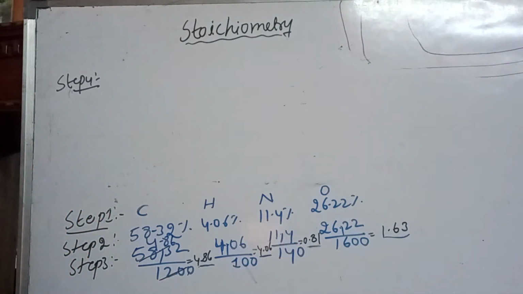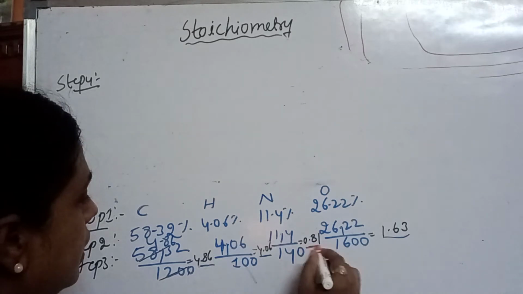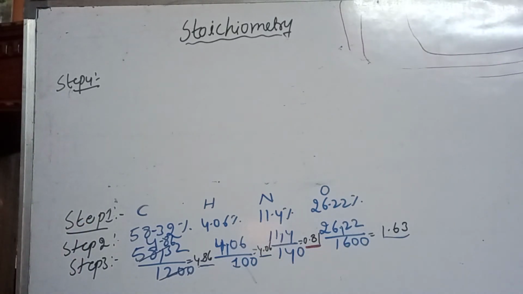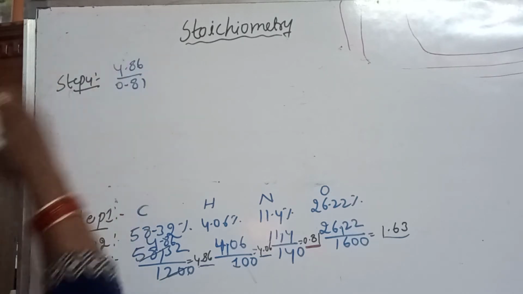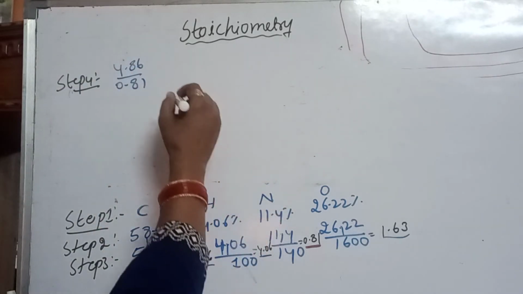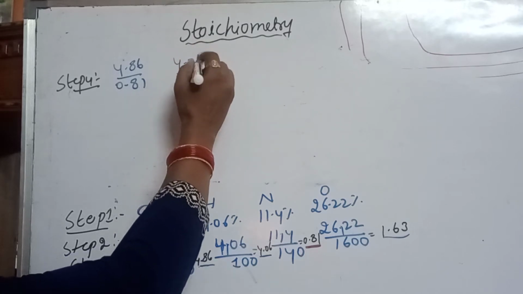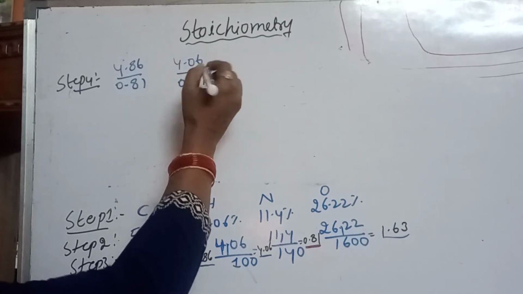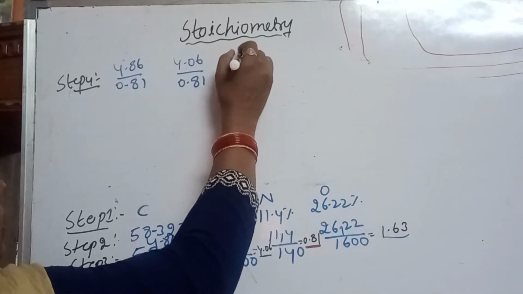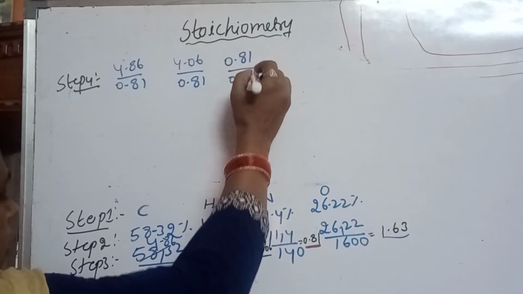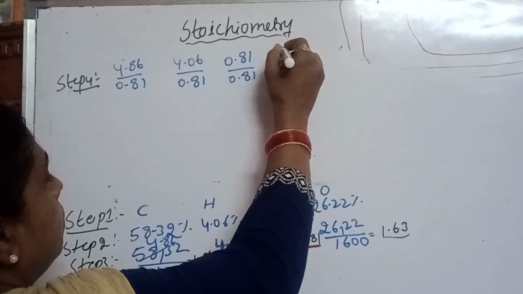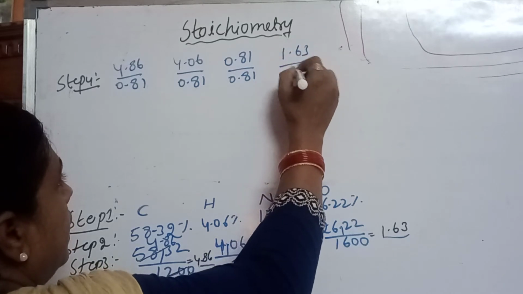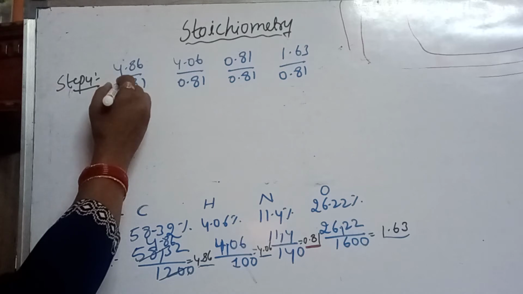The least value is 0.81. So the first one is 4.86 by 0.81, then 4.06 by 0.81, then 0.81 by 0.81, and then 1.63 by 0.81. Here the decimal points cancel.